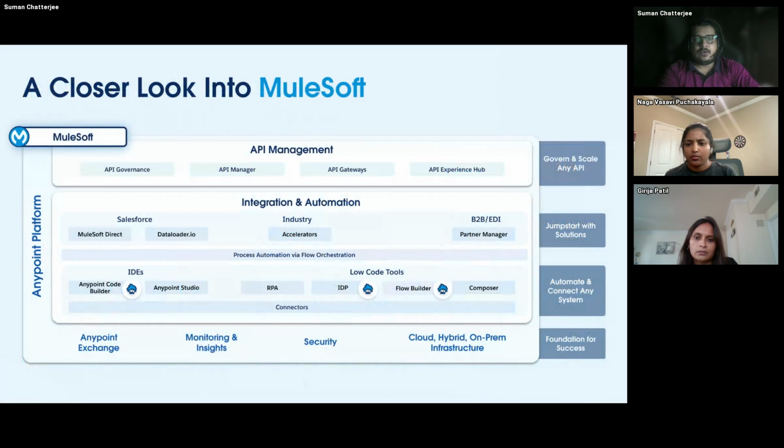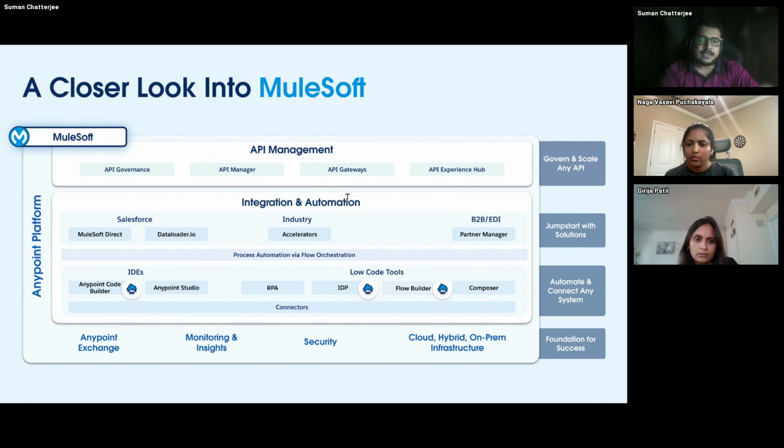Okay, now looking at MuleSoft. I mean, we've always heard people say that it's a unified platform. Why is it called a unified platform? Now, at its core, it delivers the essential features of robust security and the flexibility to deploy anywhere, whether it's on cloud, hybrid, on-prem enterprise environments, and so on and so forth.